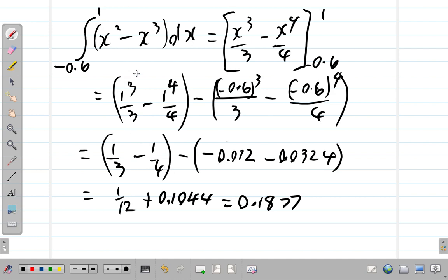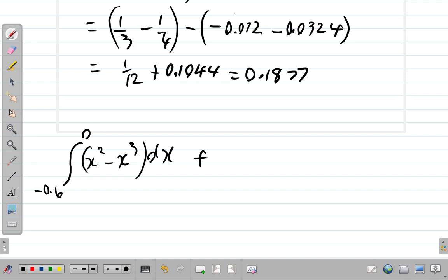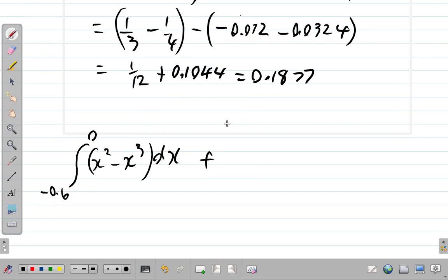Now, let's integrate separately and see what we would get. From negative 0.6 to 0 of x squared minus x cubed dx, plus the integral from 0 to 1 of x squared minus x cubed dx.